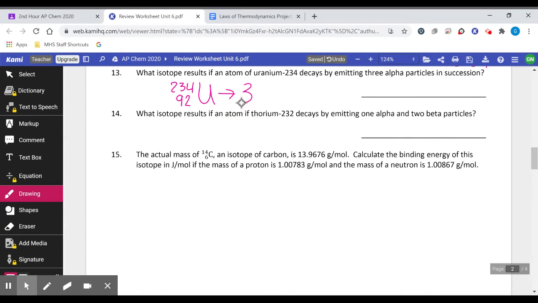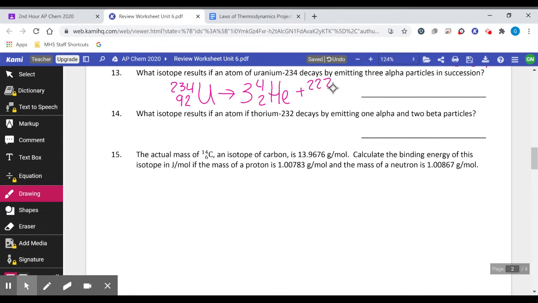We have 3, a 4, and a 2. And so let's decide what our daughter nuclide must be. We have a 3 times a 4 here for that alpha particle, which is 12. So what must be my top number for my daughter nuclide? 222.